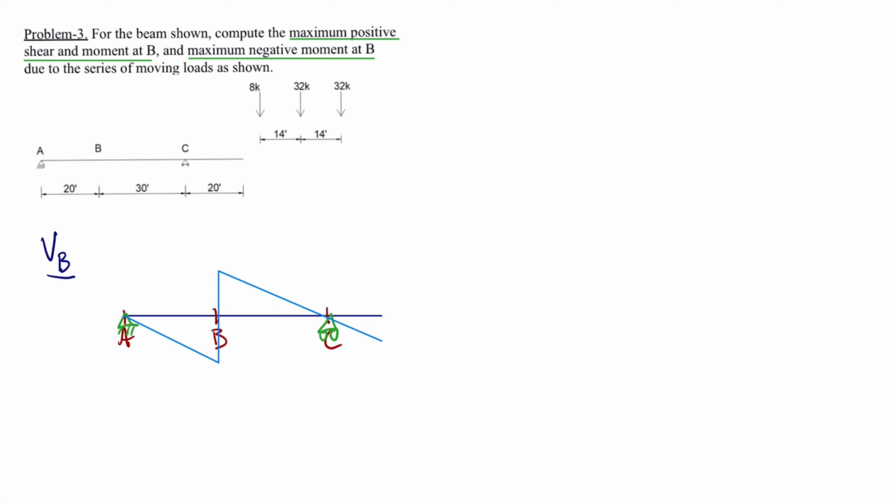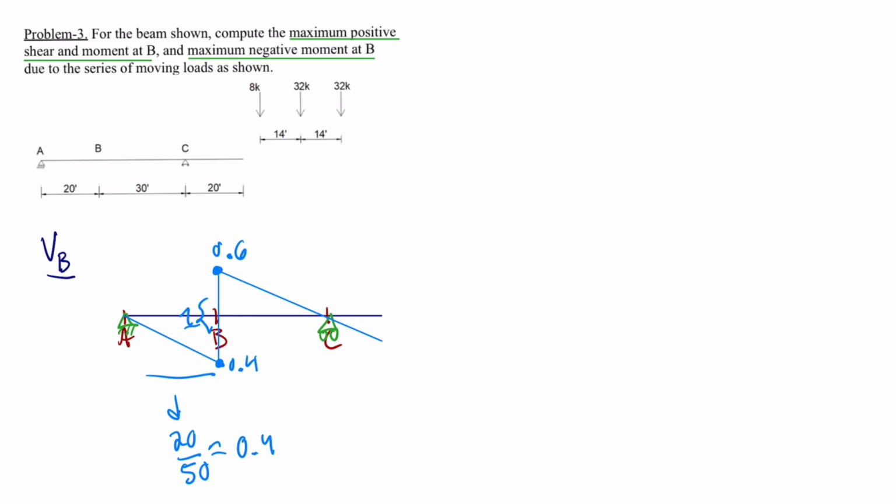In order to find this point and this point, we have to look at the lengths. For this point, we will have to do 20 over 50, because 50 is the 20 plus the 30, and this will give us 0.4. Since this whole thing is 1, this will be 0.6.